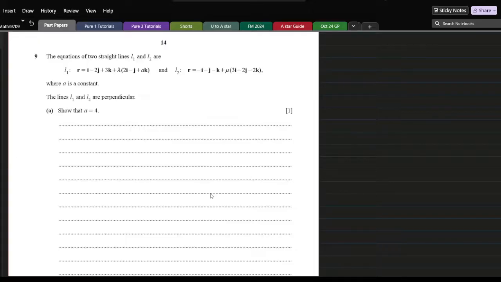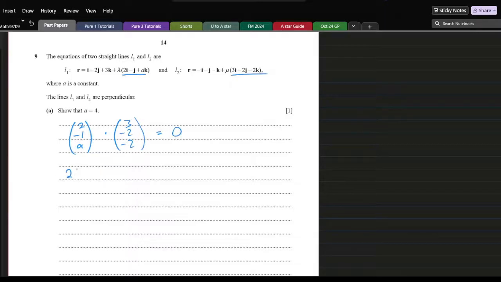So if we have two lines that are perpendicular, we know that their dot product or scalar product is equal to 0, okay? Or rather, the dot product of their direction vectors is equal to 0. So I'm just going to write them as column vectors because I think it's a bit clearer that way. So the first direction vector is (2, negative 1, a), and we want the dot product with (3, negative 2, negative 2), and this should be equal to 0.